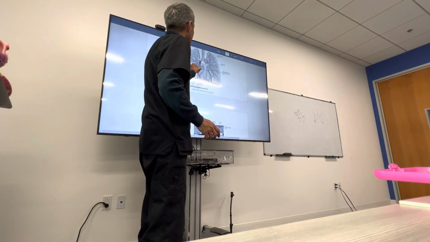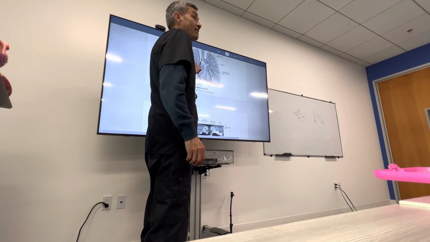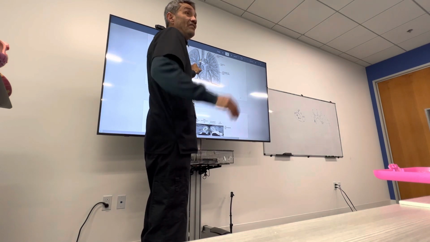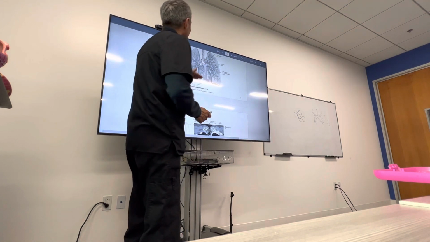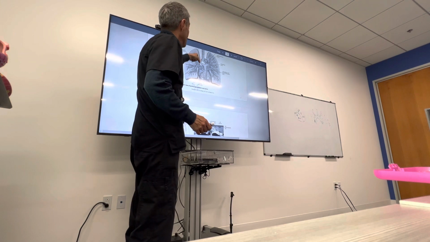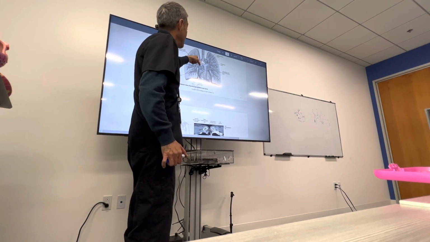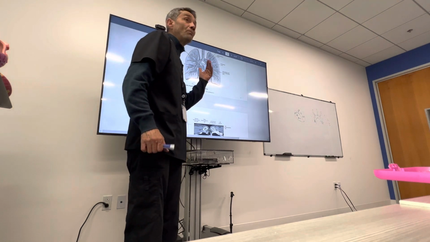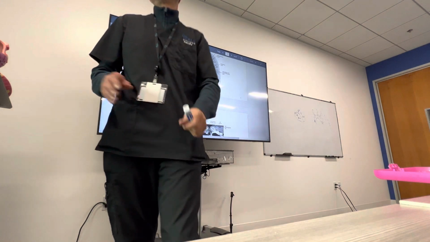This is your superior vena cava, correct? So everything is underneath in your image, meaning toward posterior. If you start from the top to the bottom: right bronchus, pulmonary vein, pulmonary artery, and then pulmonary vein. So that's where exactly the cut is in our image.